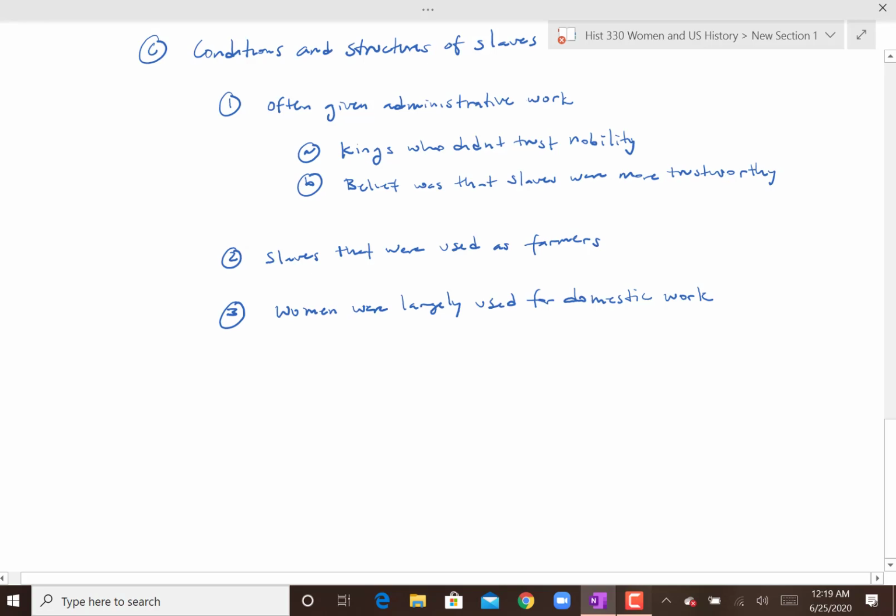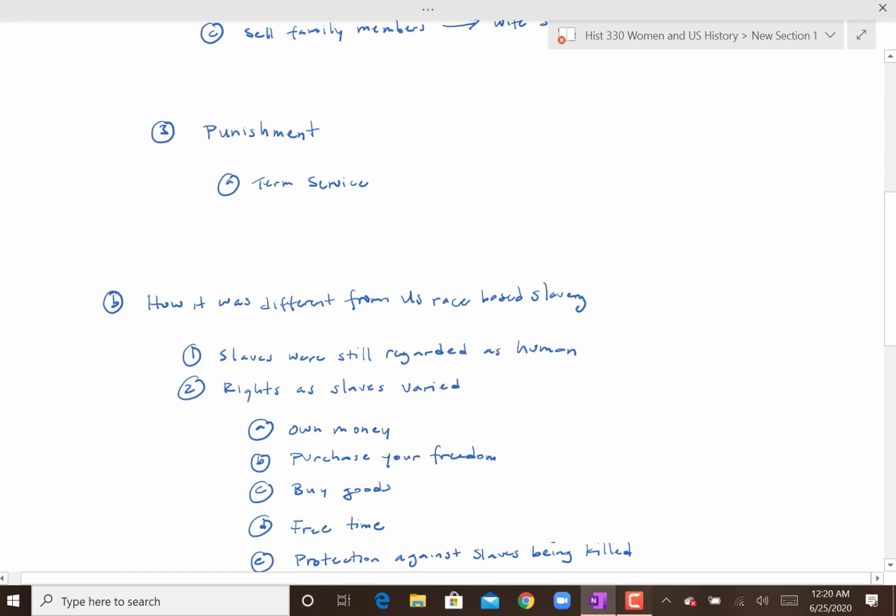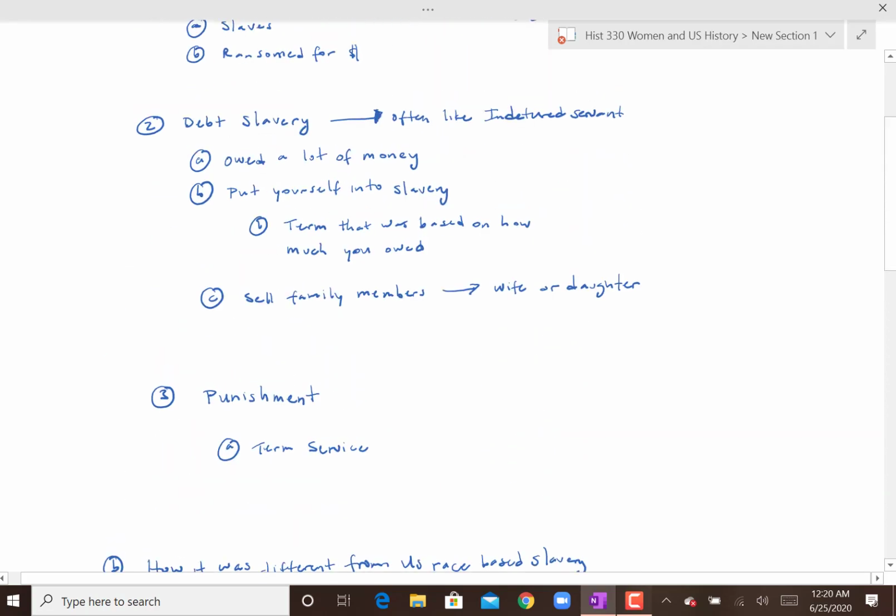So while in African slavery, women were largely used for domestic work, there were sex slaves. We'll put that down, right? It's more rare, but I think it's important, or where we should put it is maybe back over here, where we're looking at different types of slavery, right?